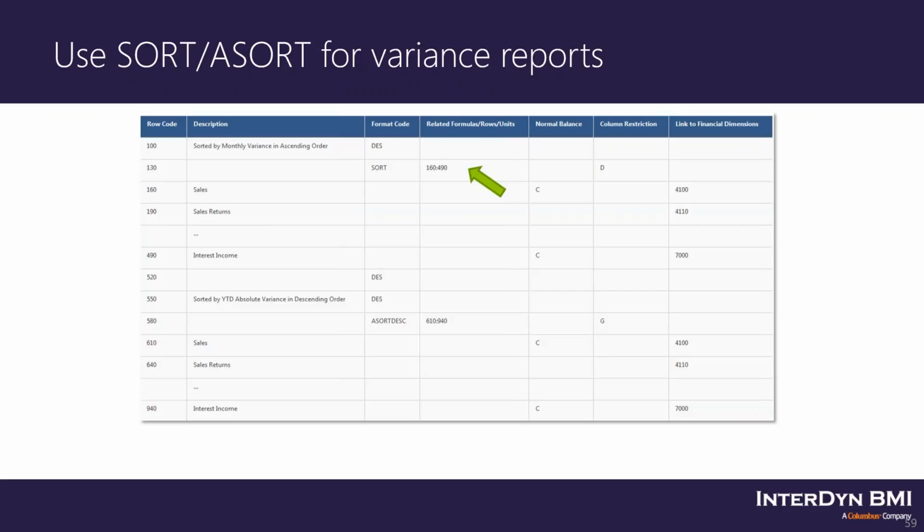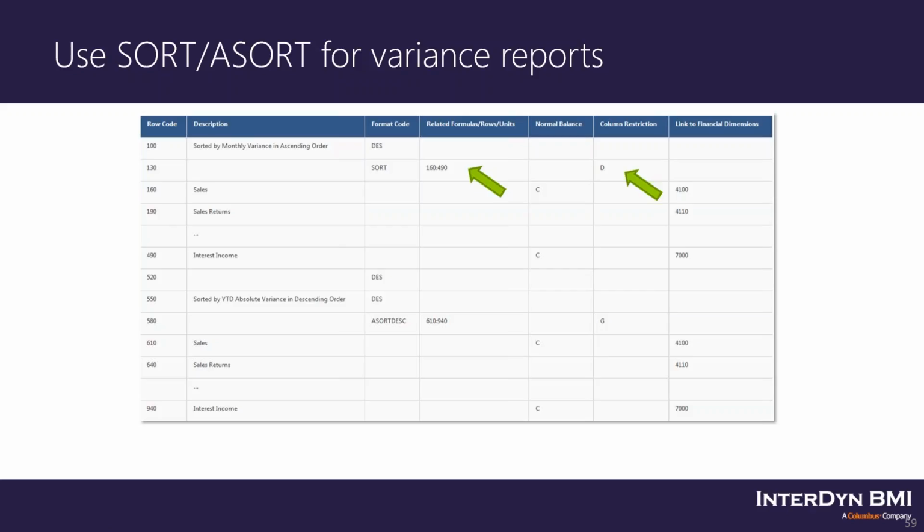This might make a little bit more sense if you had operating expenses in here and you wanted to sort these from high to low. The point is showing you how to use the code, what you're actually sorting, and then you're telling it which column over here to actually use as the sort value.